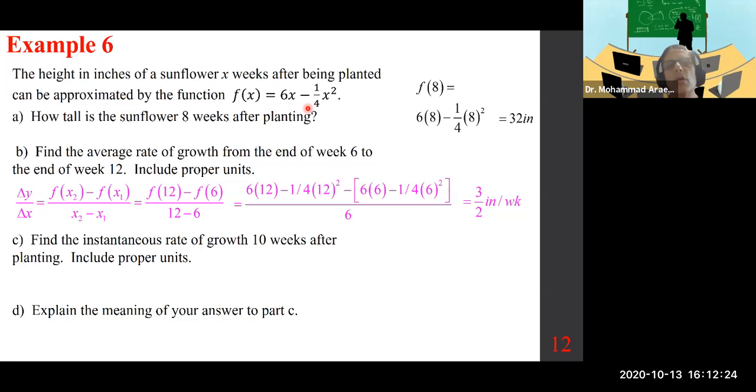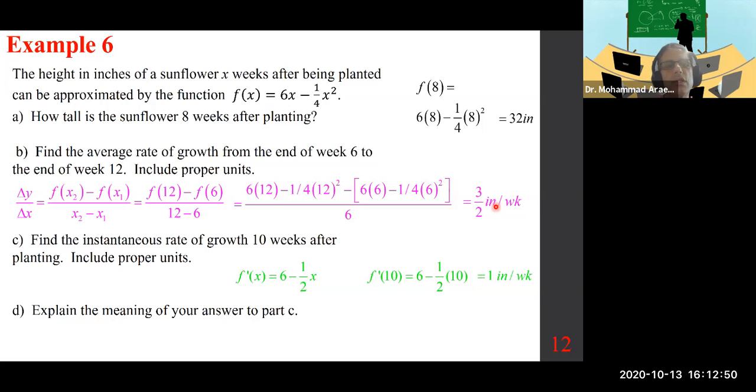The second part does the differentiation because it says instantaneous, one point in time. So 6 minus 1/4 times 2, which is minus 1/2 x. Now plug in 10 and evaluate it, and you get 6 minus 1/2 times 10, which is 5, 6 minus 5, which is 1, and the same units, class.